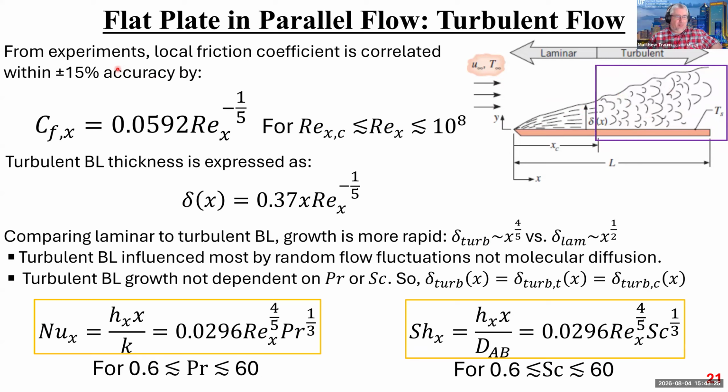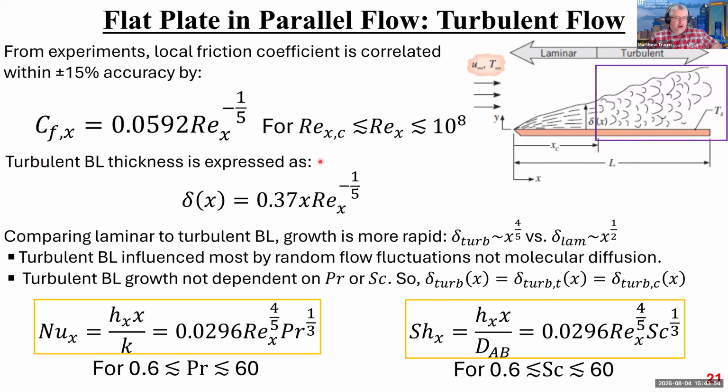If you remember from your fluids class, the friction coefficient, again empirical, is 0.0592 times the Reynolds number raised to the minus 1/5 power. And that's true for turbulent flow over a flat plate from this spot of transition all the way up to a Reynolds number of about 10 to the eighth.